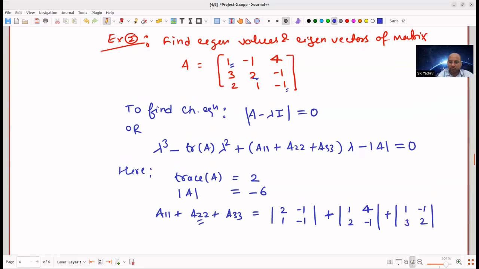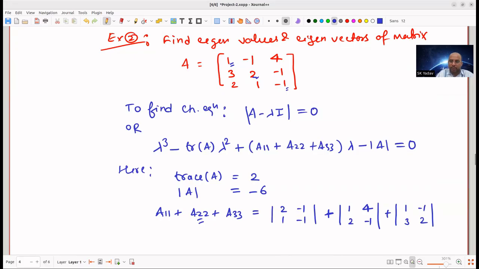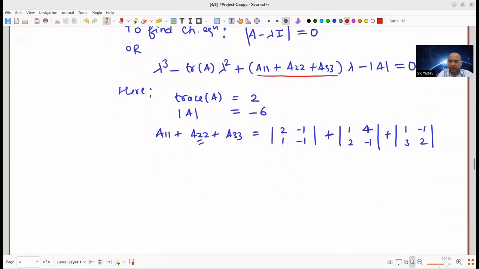So I hope you understand how to compute the sum of principal minors, which is the major component here. Now this I can simplify. So I have here minus 2 and plus 1, so minus 1, plus this minus 1 and then minus 8.